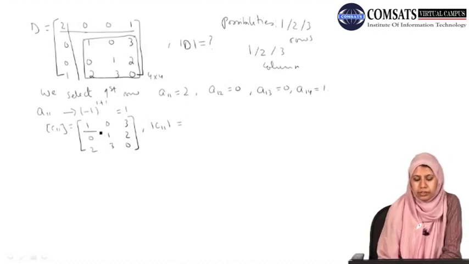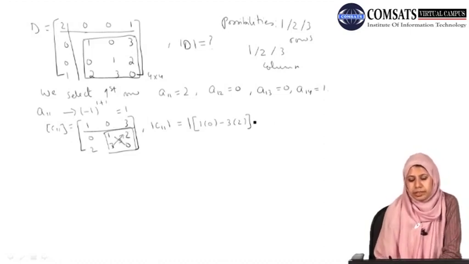The first entry A11, or C11, has the sign plus 1, multiplied by the determinant of the submatrix, which is 1 into 0 minus 3 into 2, that is this. Minus 0 into the cofactor, which will give us 0, plus 3.